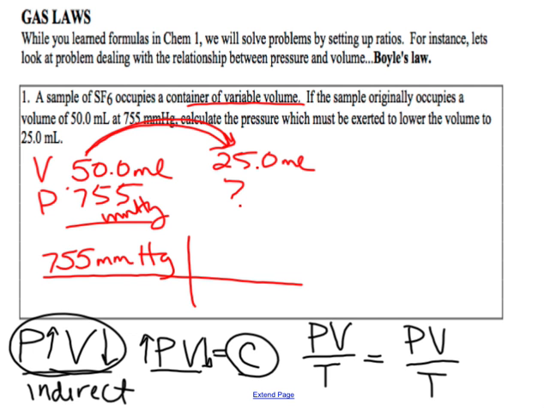So I'm going to multiply this pressure by a ratio that's going to make the pressure go up. So I can either multiply it by 50 over 25 or 25 over 50. Which one's going to make the pressure increase? 50 over 25. So those of you who said halved it, you were sort of, kind of on the right track. So tell us what our pressure is.